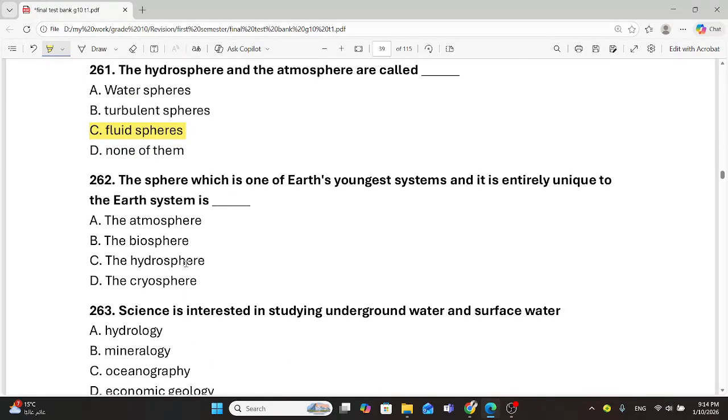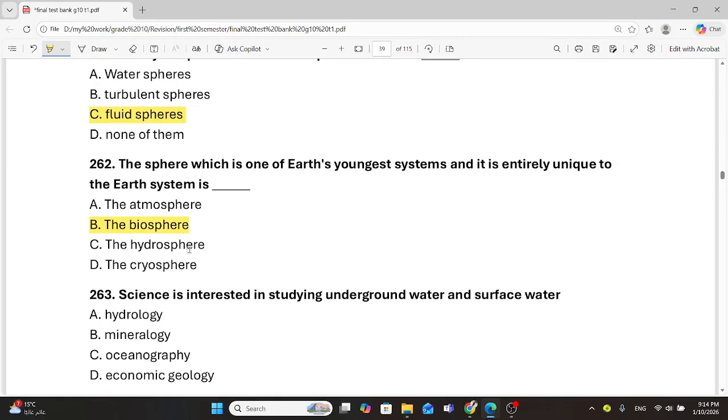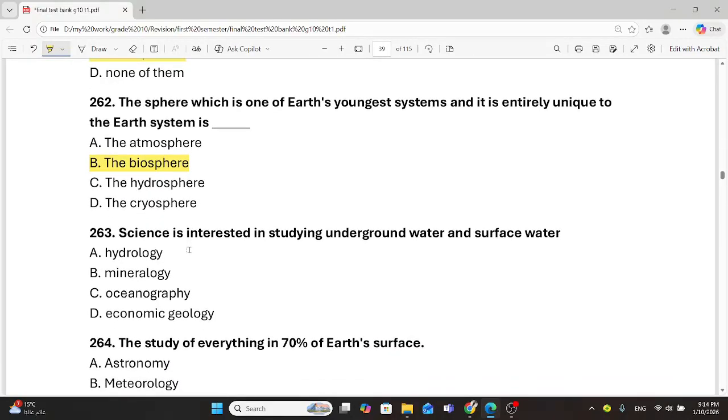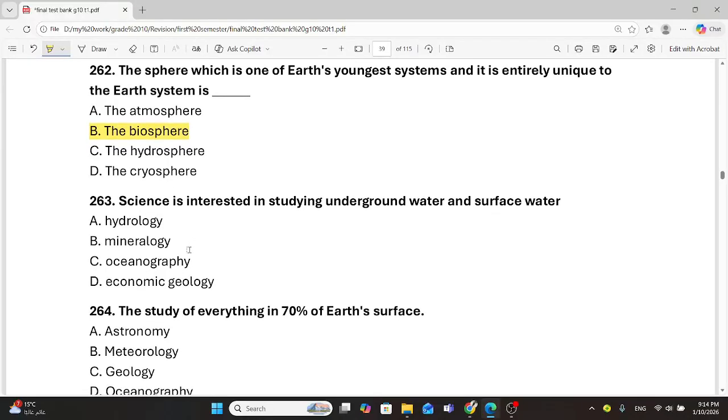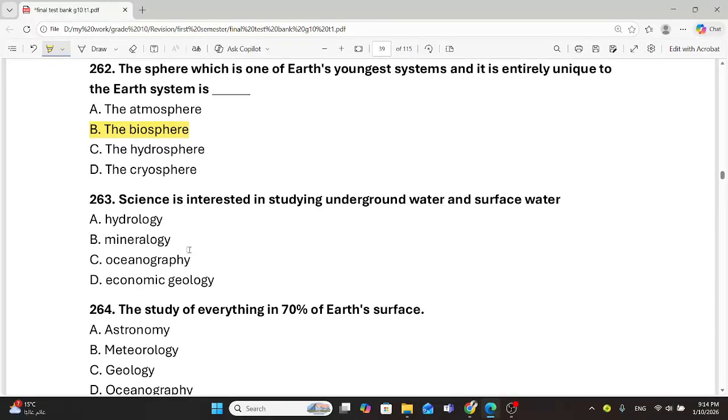The sphere which is one of Earth's youngest systems, and is entirely unique to the Earth system, is the atmosphere, biosphere, hydrosphere, or cryosphere? Of course, it's the biosphere.